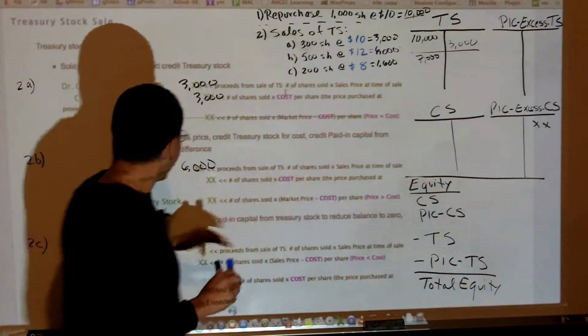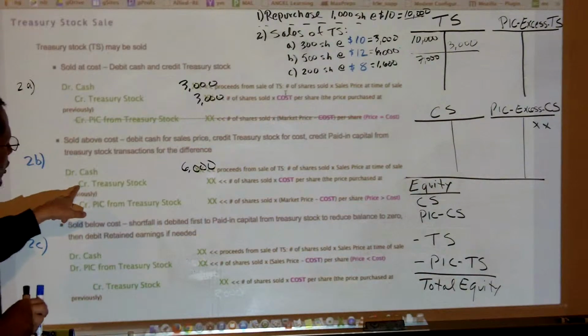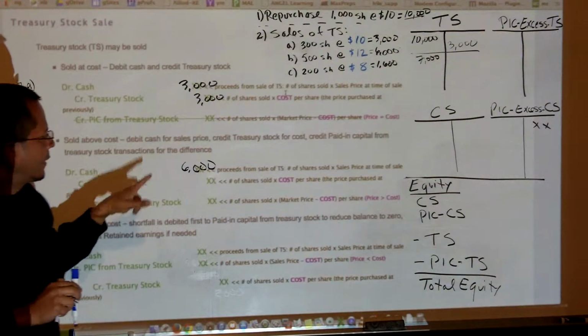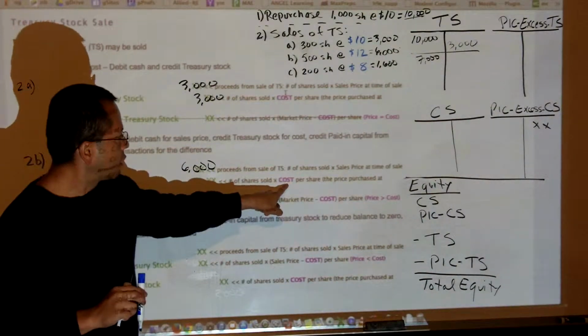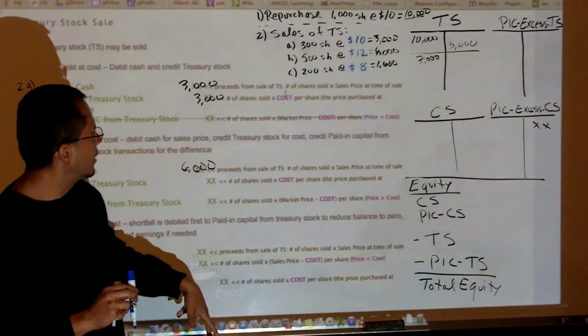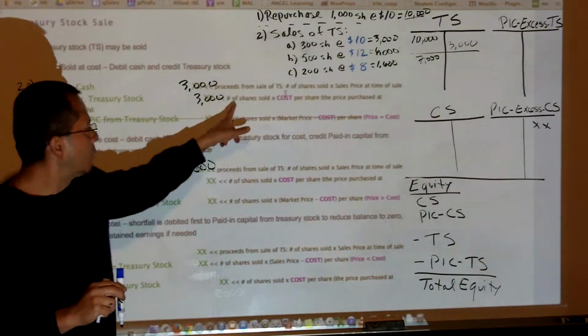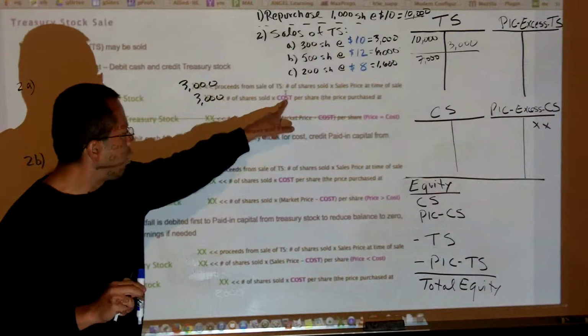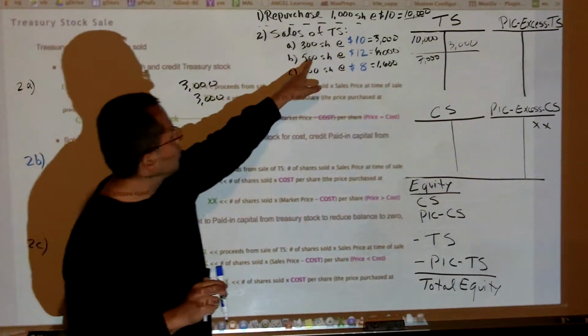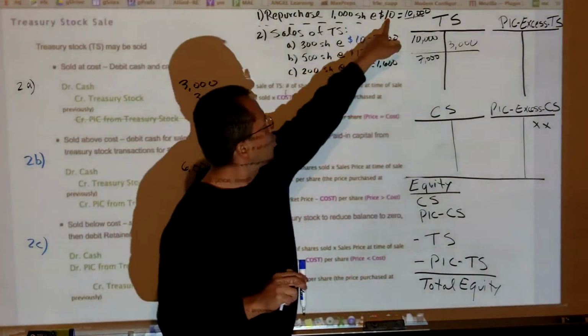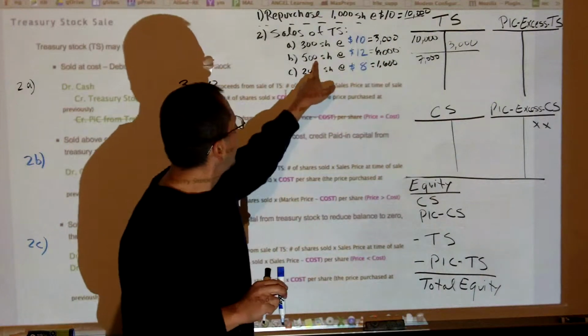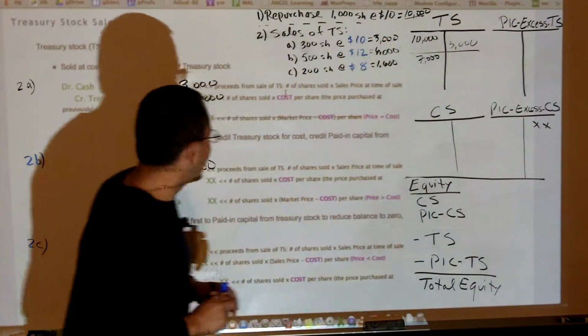In terms of what gets booked into the treasury stock account, that's always the number of shares at cost. No matter which scenario you're looking at, it's always the number of shares sold at cost. Well, we're selling 500 shares. Our cost was 10. So 500 shares times 10, that's $5,000.